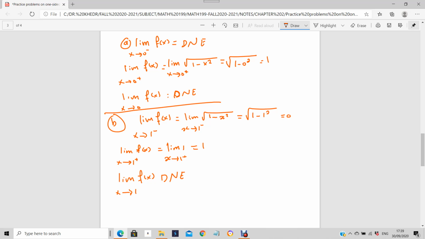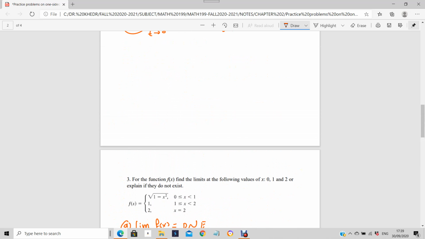Because the two-sided limits are not the same, they are different. The left side is 0, the right side is 1, so they are different.